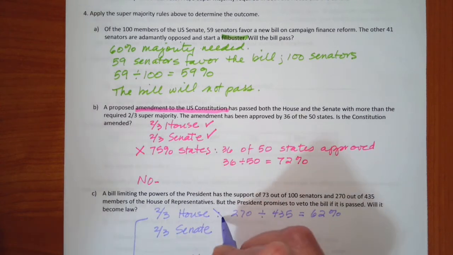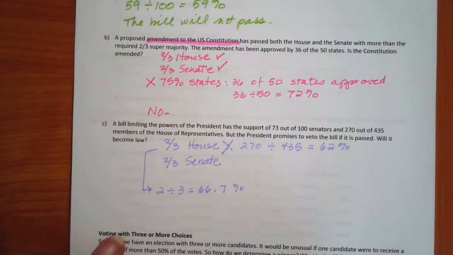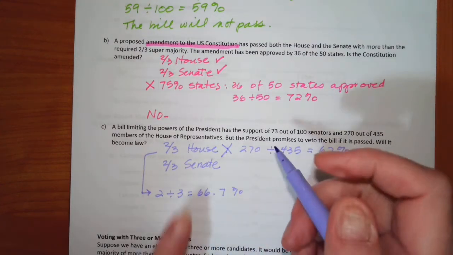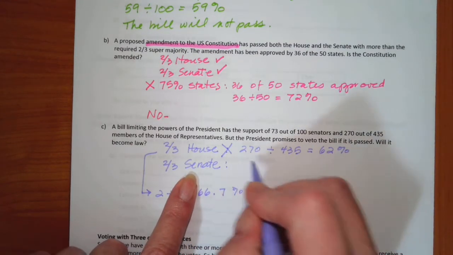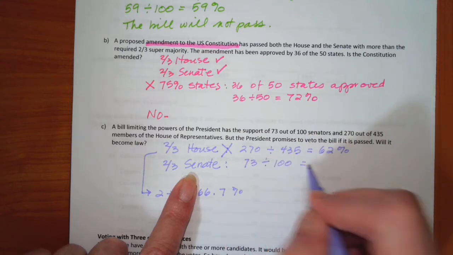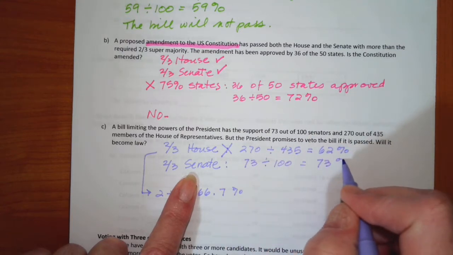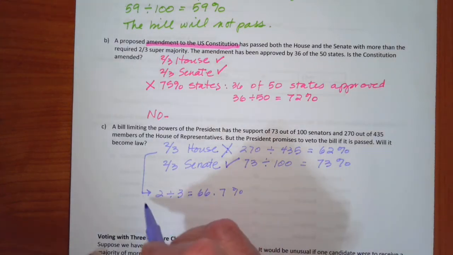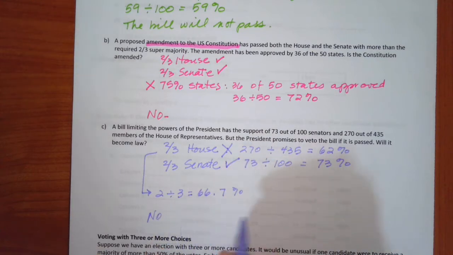So it fails in the House. So it's not going to become law. But let's go ahead and check the Senate as well and see. So in the Senate we have 73 divided by 100, which is 73%. So it works for the Senate, it does not work for the House. Okay. So will it become a law? No. It did not pass both criteria.